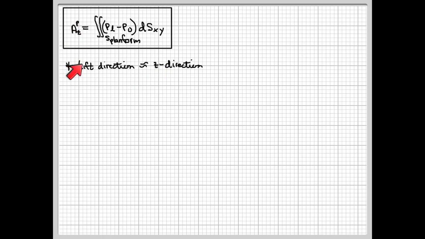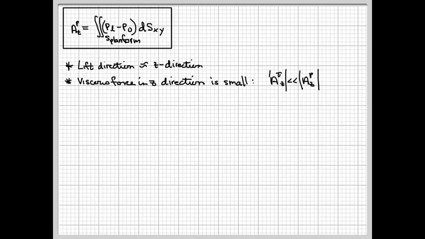So while I'm talking about A_ZP here, in fact, the lift is going to be very much dominated by this quantity. The other aspect of this is that the viscous forces in general tend to be small in the z direction.